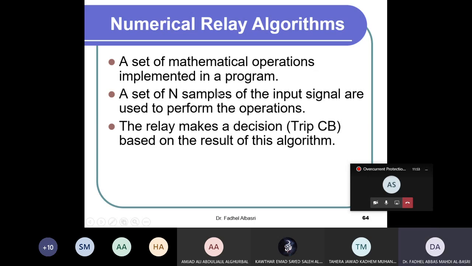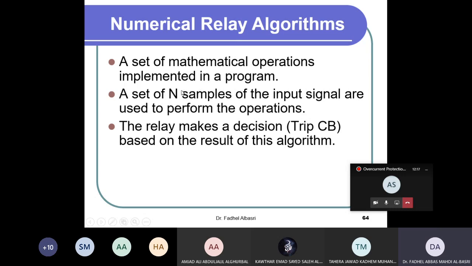To estimate, for example, the voltage magnitude or its phase angle, I need to have samples of information. So we need at least n number of samples, where n could be 3 samples, could be 10 samples, could be more. It depends on the algorithm and its accuracy.